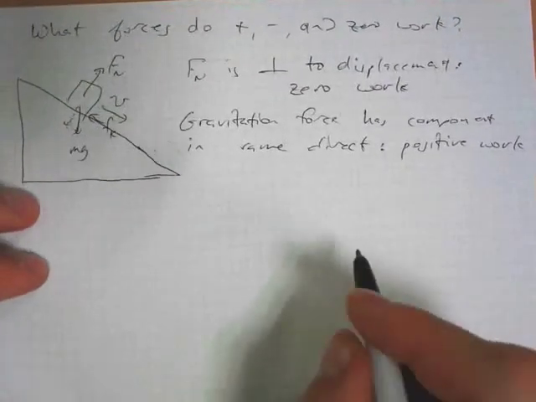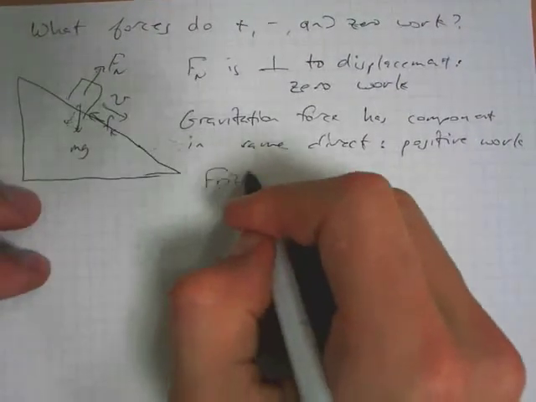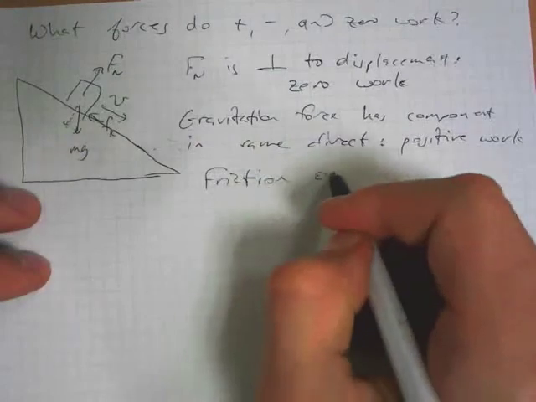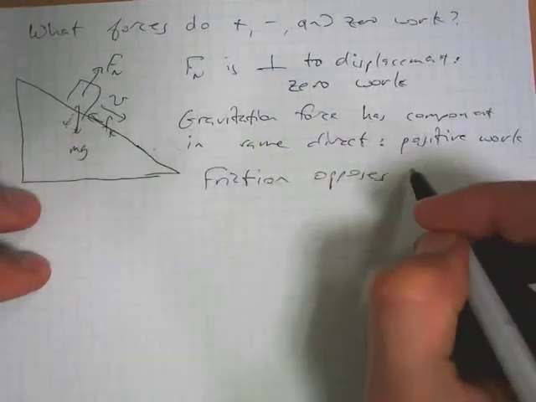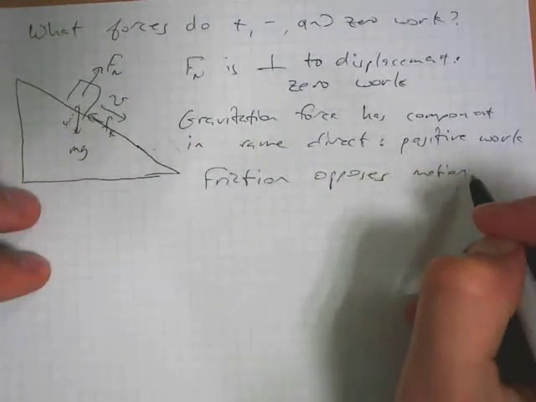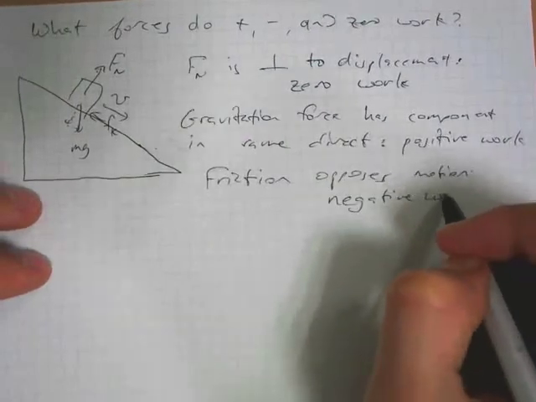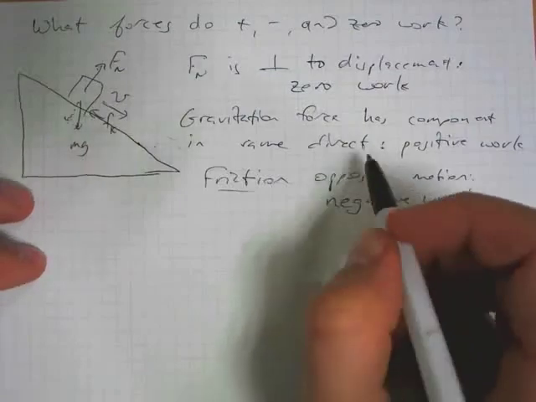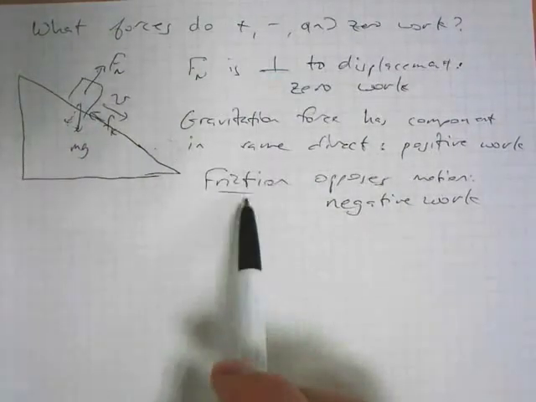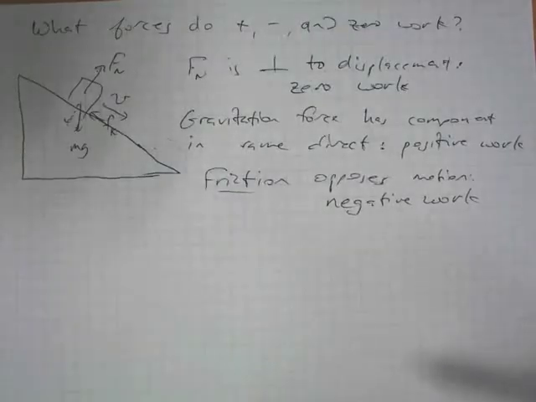And friction opposes motion and therefore does negative work. Since friction always points in the direction opposite displacement, friction or air resistance will always do negative work because they always oppose the motion of an object.